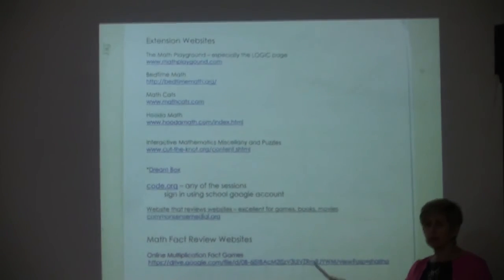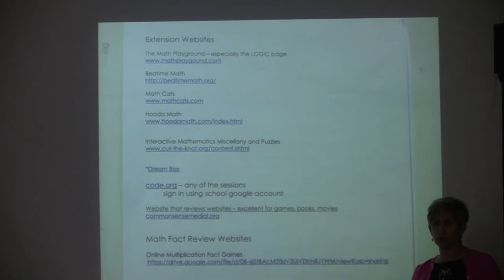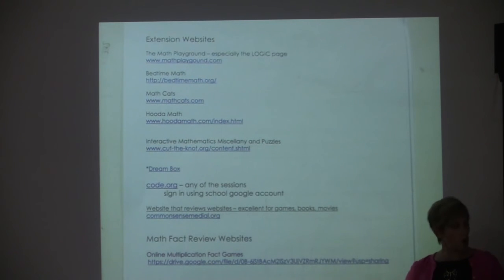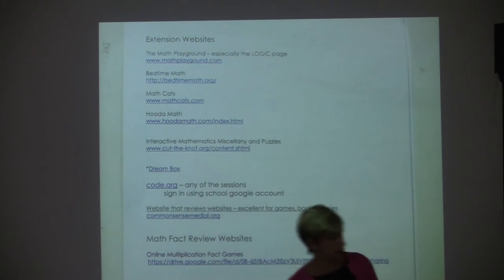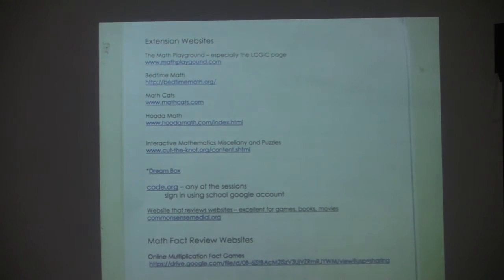Lastly, today we used a lot of multiplication facts. Your kids are supposed to know them by the end of 3rd grade. We know a lot don't. Oh, I did mean to bring a multiplication chart. On a multiplication chart where you have the tens grids and it's the 1, 2, 3, 1, 2, 3.